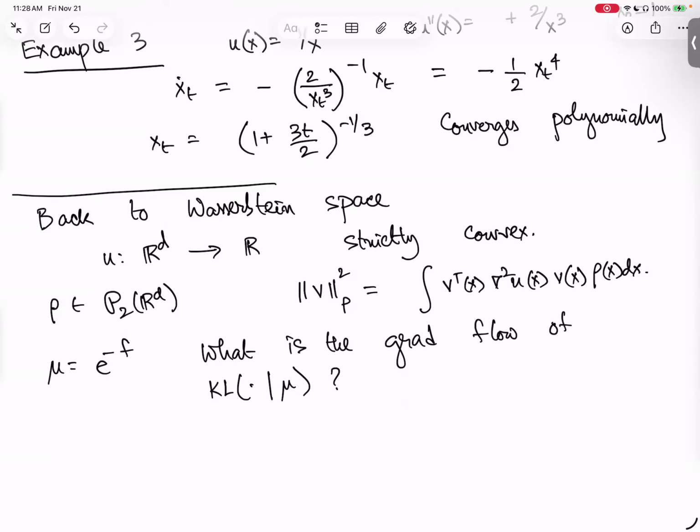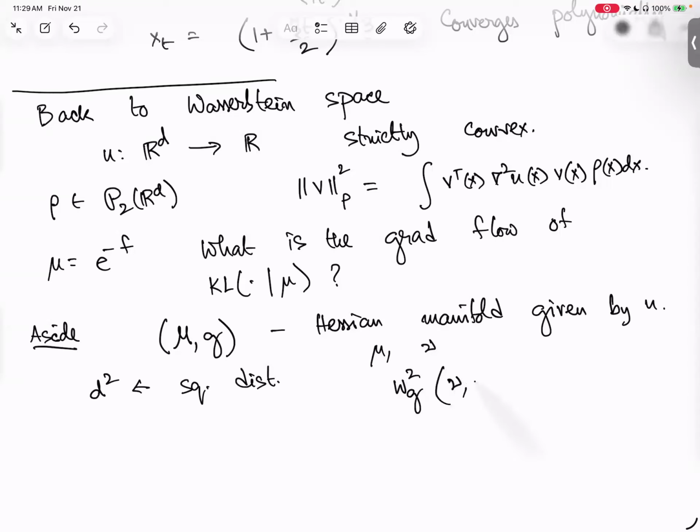And if I have two probability measures, mu and nu, I can define my W2 square on mu and nu by minimizing the integral of d square x y, d gamma, over couplings.